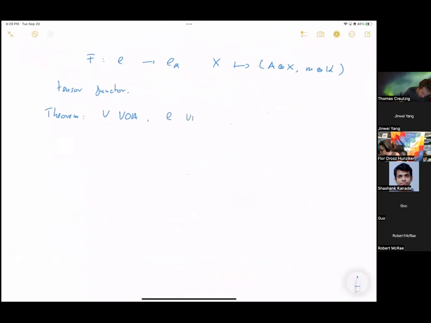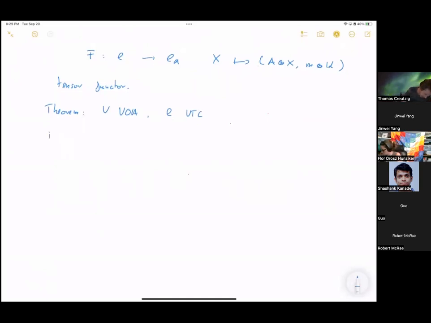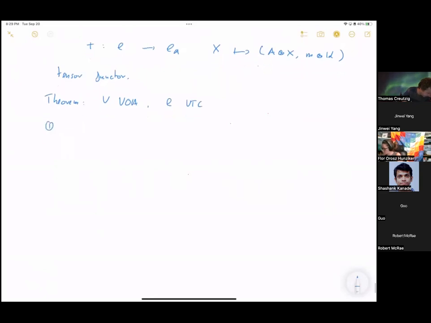And it says the following: we have a VOA and a VTC, vertex tensor category, a braided tensor category of VOA modules. And then the following statements are true. We can have a VOA extension.